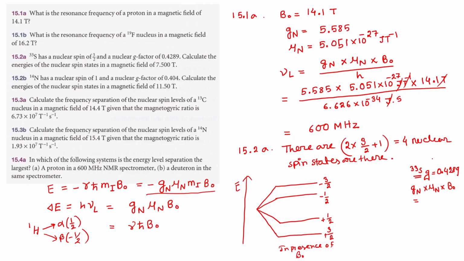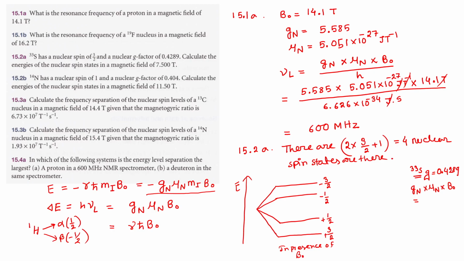B0 is also given, that is 7.5 Tesla. Mu n you already know, the nuclear magneton, and the value is 5.051 times 10 to the power, I will not change that. 0.4289, and the magnetic field given is 7.5 Tesla.